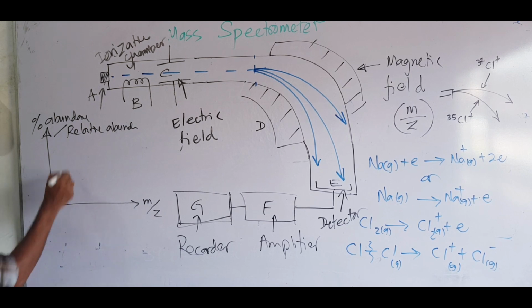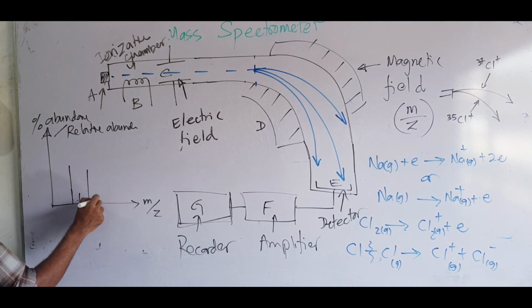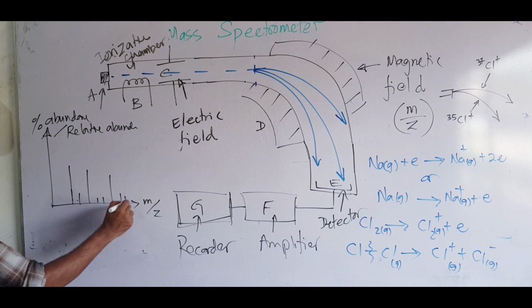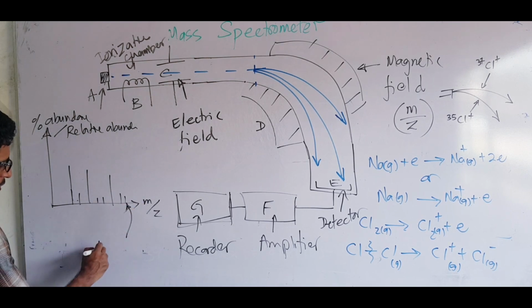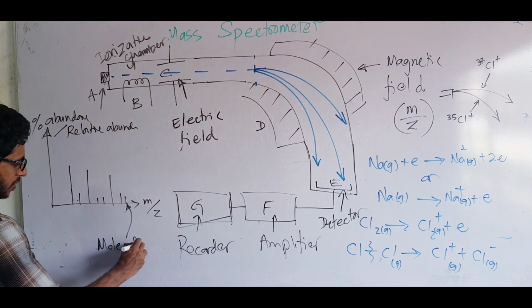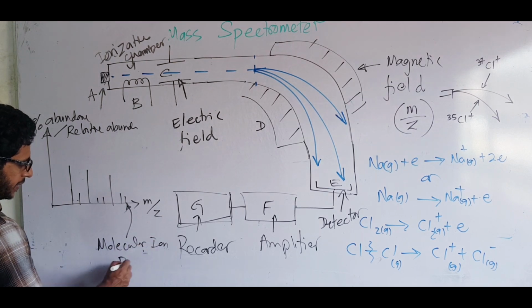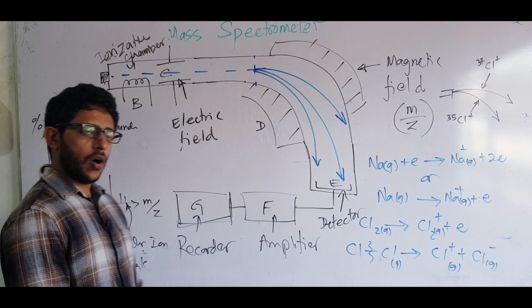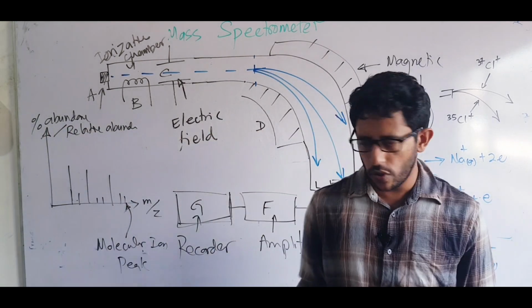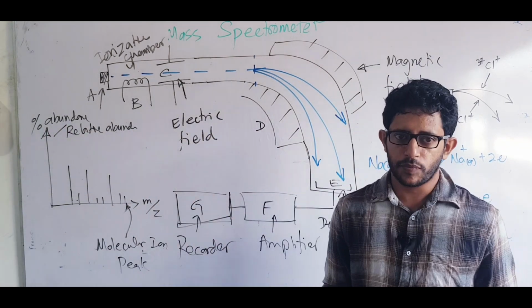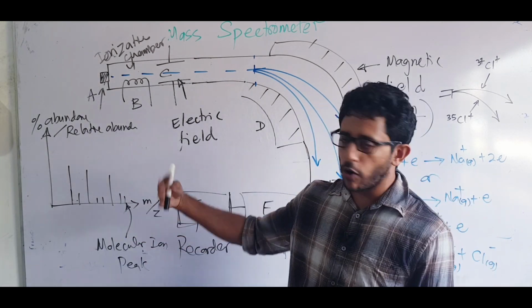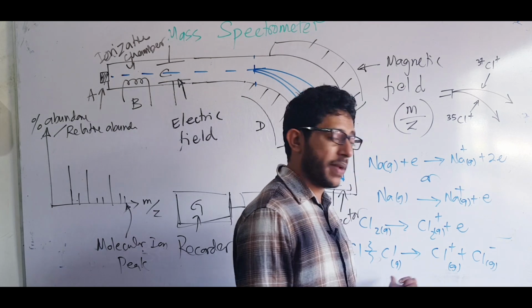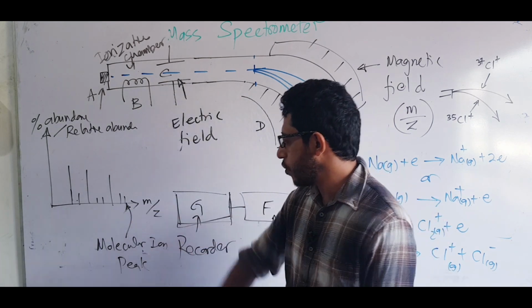So you get peaks like these lines. Always the furthest away peak is called the molecular ion peak, because that gives the molar mass of the element or the molecule we tested. So the furthest away peak is the molecular ion peak. That means that molecule hasn't broken anywhere, and it has given the molecular ion peak.